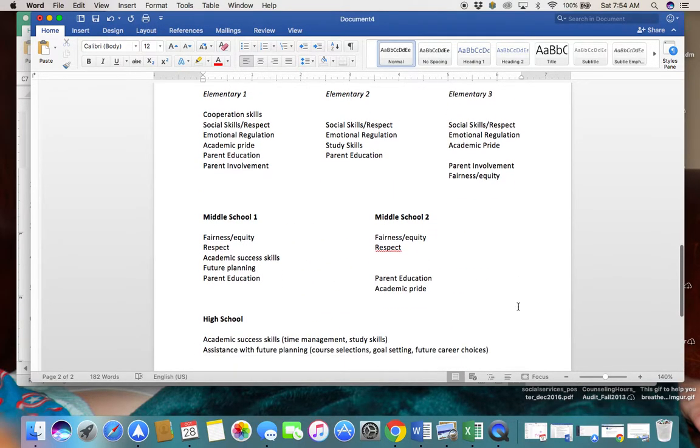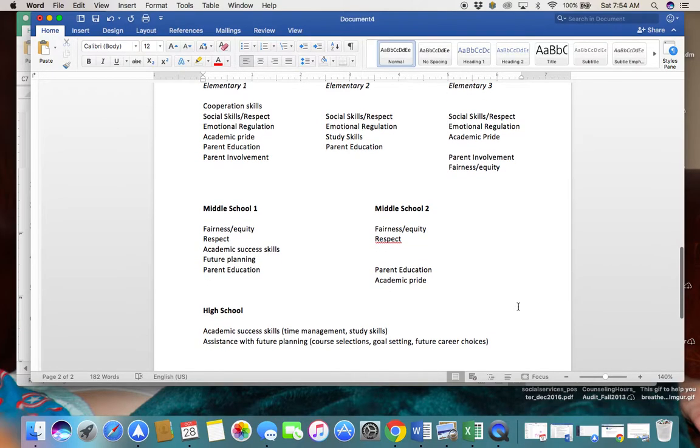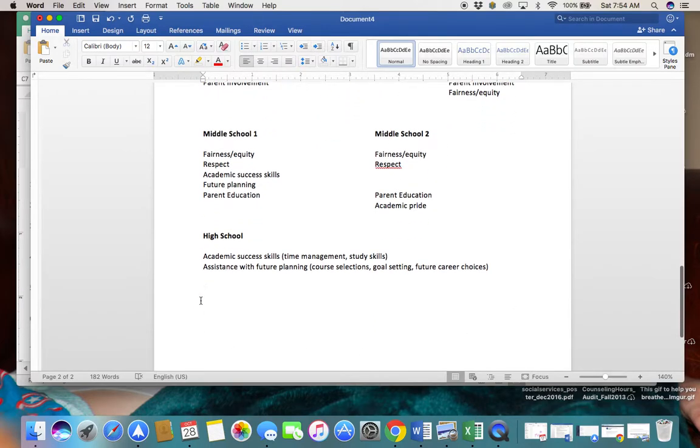So the first thing that I would look at are some things that go outside of the student area. So we've got a need here for parent education. So the first goal that I would say would be, counselors will develop a schedule for, I don't know, time.